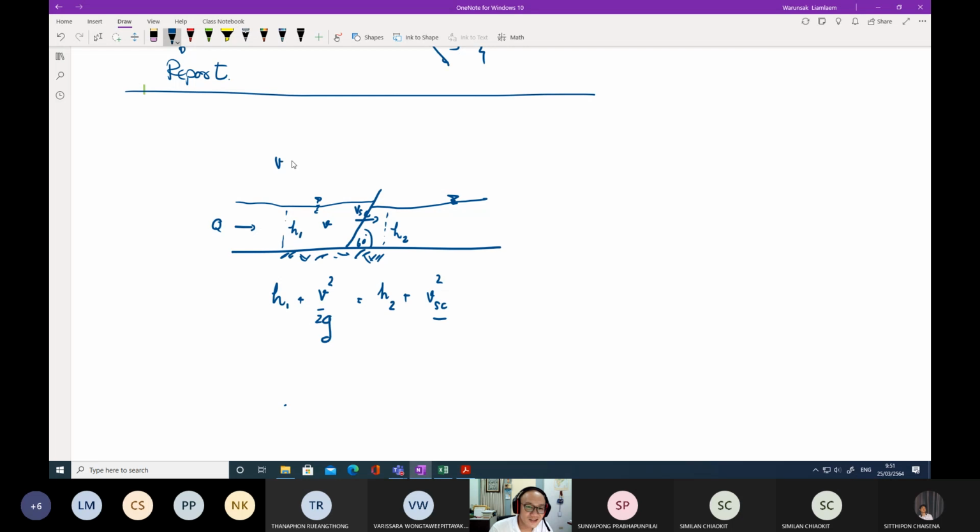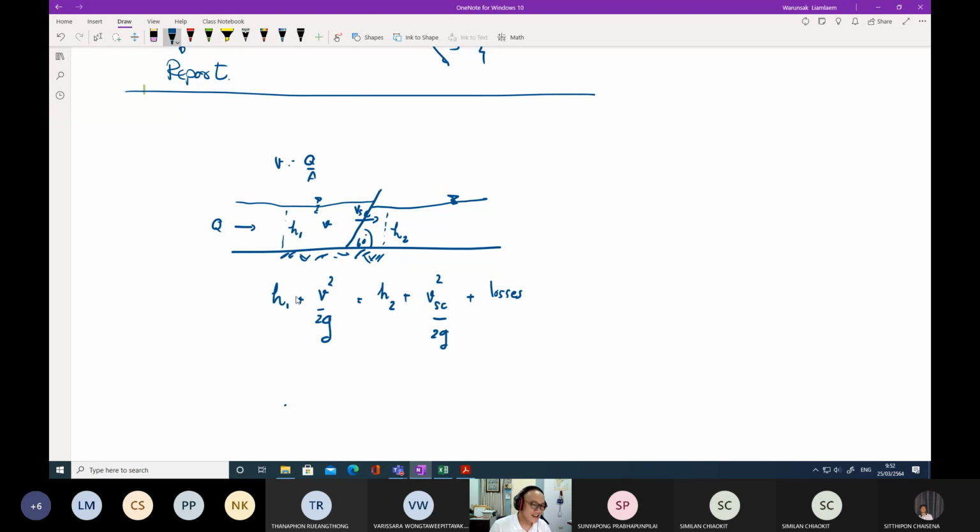This approach velocity is equal to Q divided by the cross-sectional area. Then the velocity passing through the screen, Vsc squared divided by 2g, and of course there might be some certain loss.